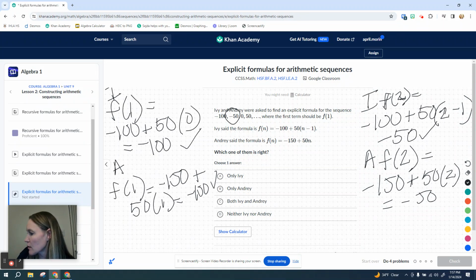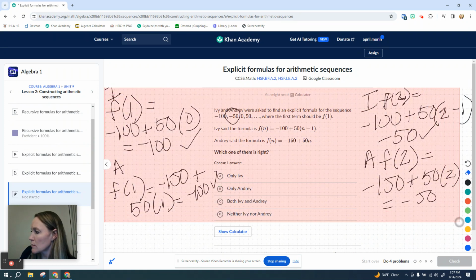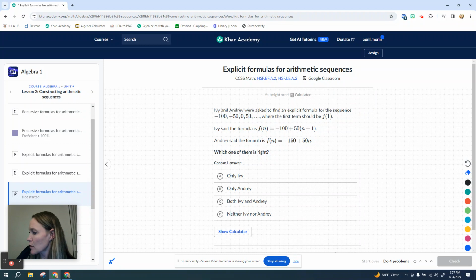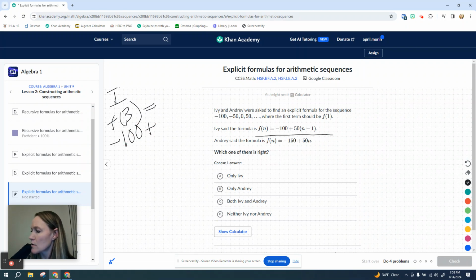Okay, so we're going to go ahead and clear, and start at f of 3. With Ivy, f of 3 equals negative 100 plus 50 times 3 minus 1.